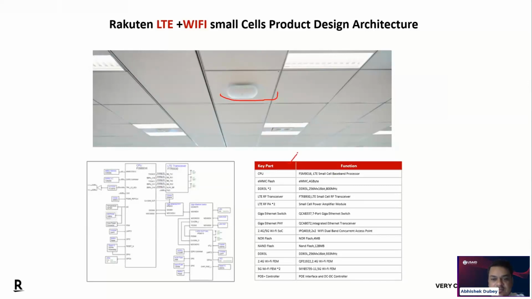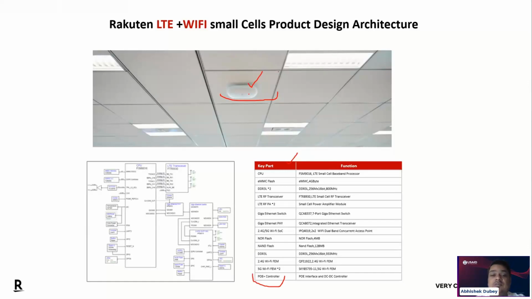The key part is that this is a 2x2, and these are some of the specifications mentioned, and the important point is PoE, power over Ethernet, plus controller. So this device has DU functionality as well as RU functionality and the antenna. It's a small device equipped with DU, RU, and antenna, and it's powered over Ethernet.